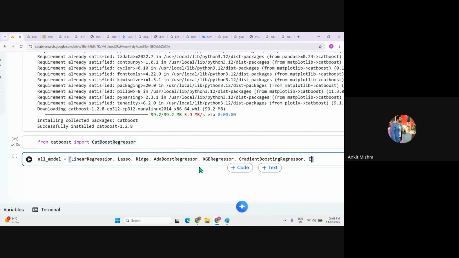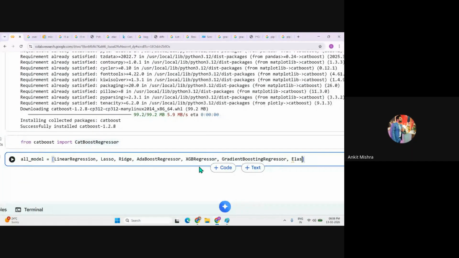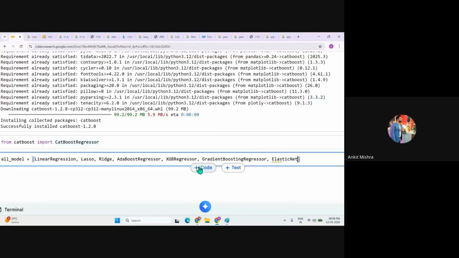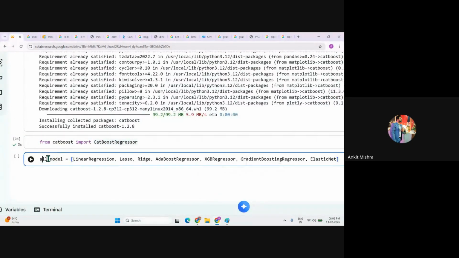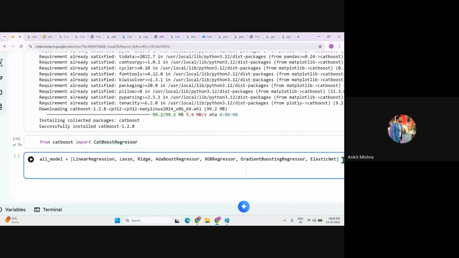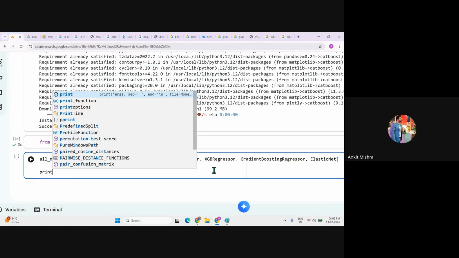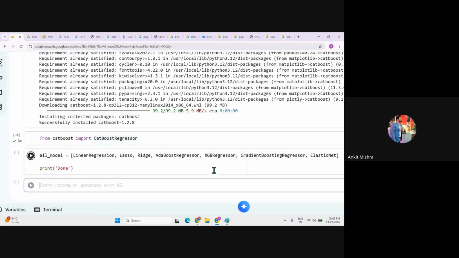And the seventh one is elastic net. And then this becomes the all-model approach. Then you will run the for loop and create your model, and then you will identify which model is performing well, right? So let's just keep this for today, and we'll start the multi-model approach tomorrow.